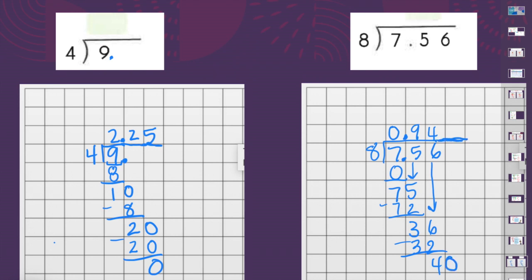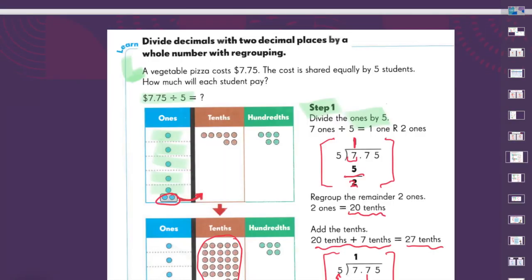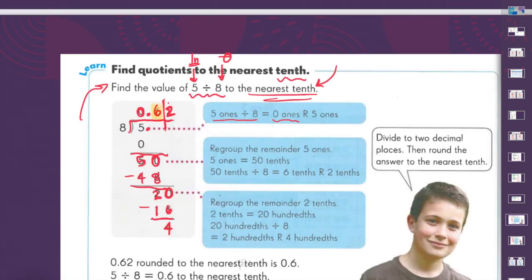Kind of have to extend our line here. And 40 thousandths divided into 8 equal groups gives us 5 in each group, with nothing left over. So our quotient would be 0.945.